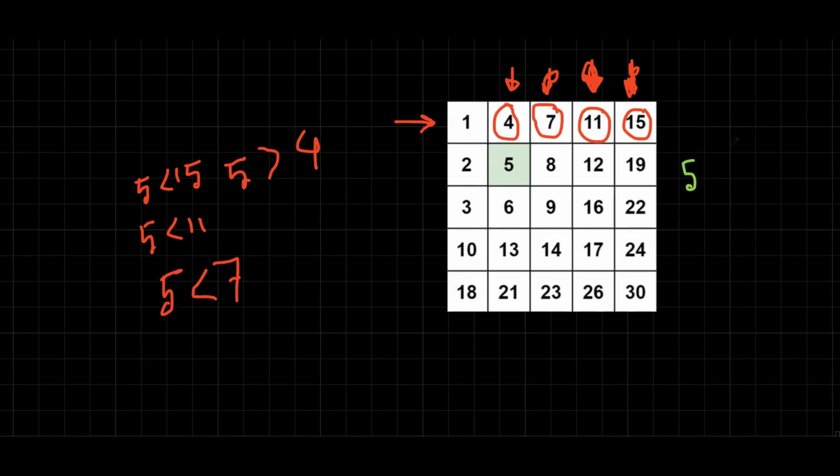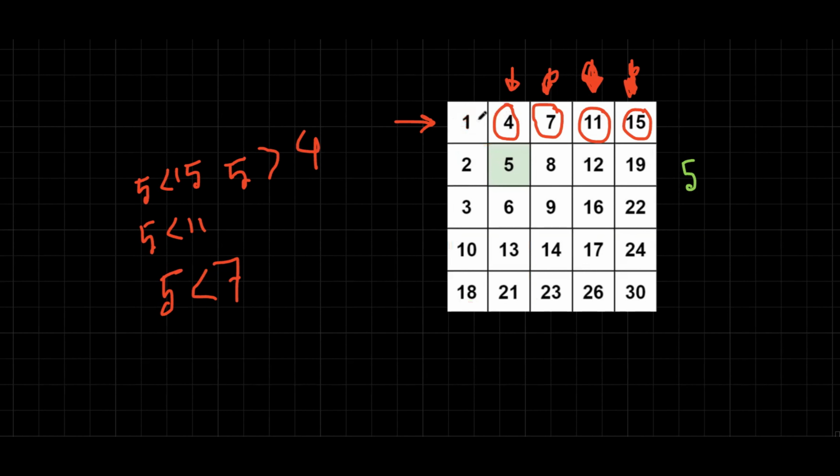That means this element 5 can be in this range. Because as the element 5 is greater than 4, it is not possible that the element 5 will be in this range.